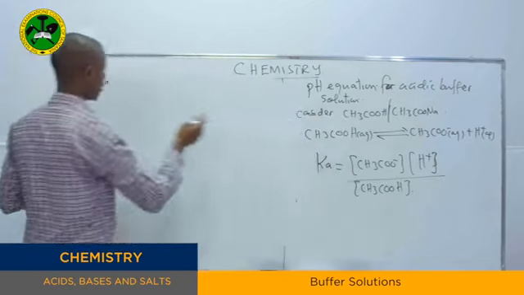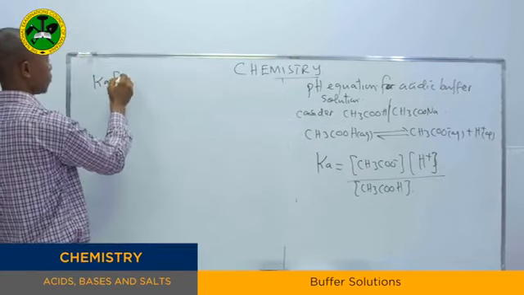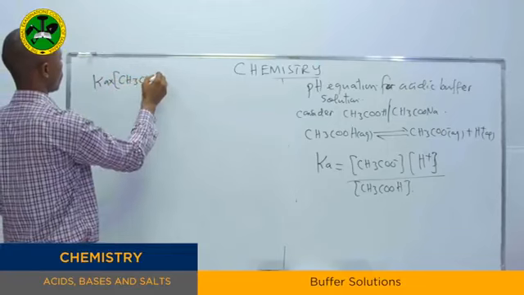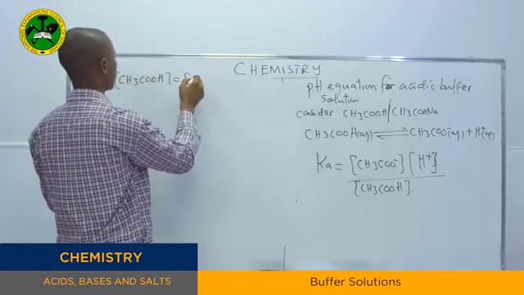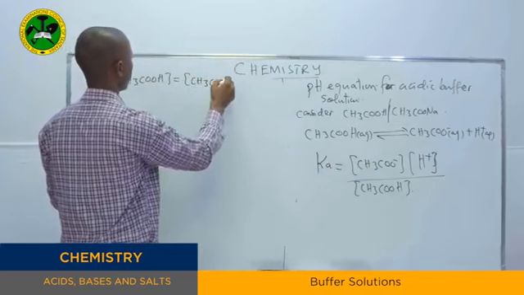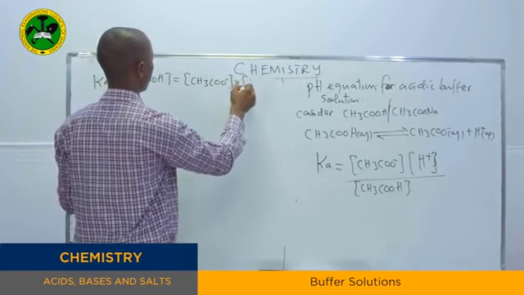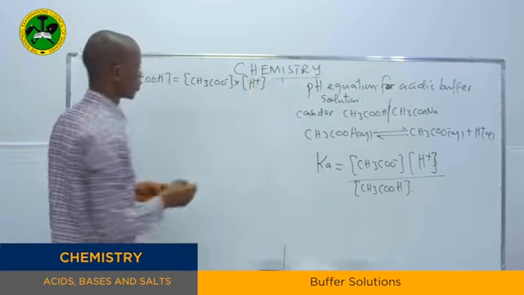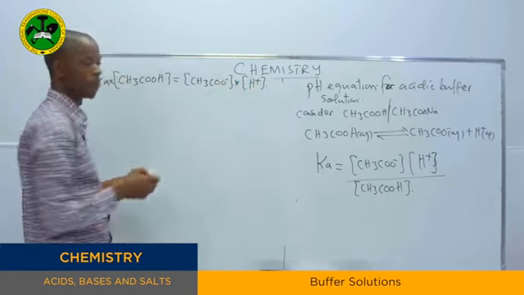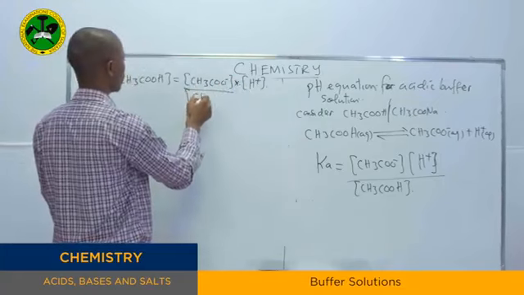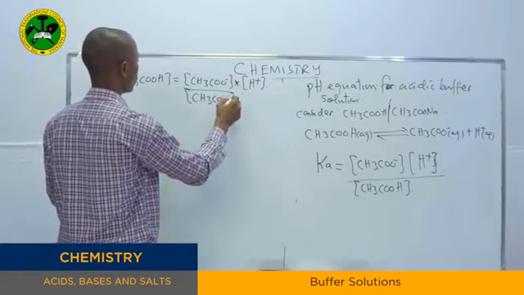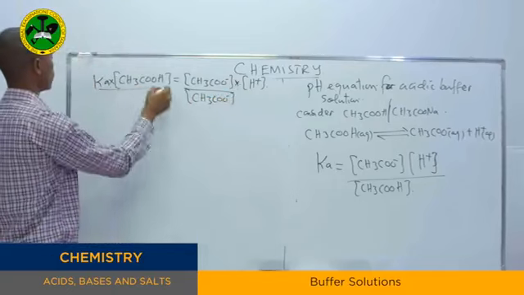We multiply that side, and we are going to remain with the concentration of hydrogen ion. So to remain with the concentration of hydrogen ion, that means you divide both sides by the concentration of acetate ion.